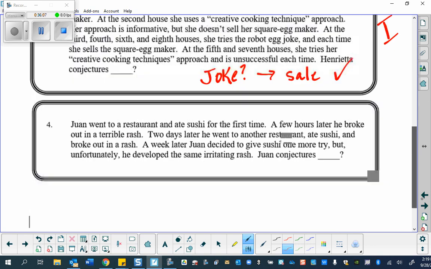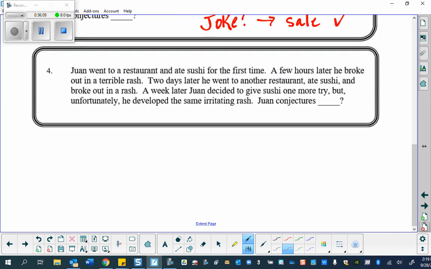Number 4. Juan goes to a restaurant, eats some sushi. 3 hours later, breaks out a terrible rash. 2 days later, he goes out again, sushi, rash. A week later, let's have sushi one more time. Same rash.